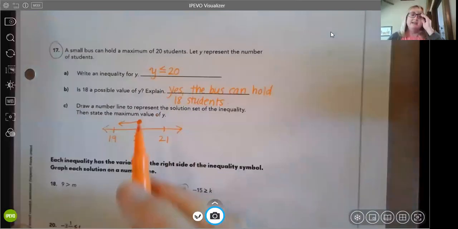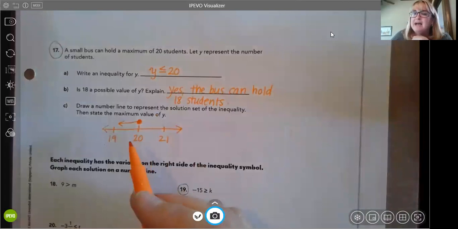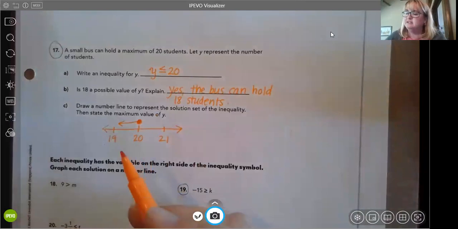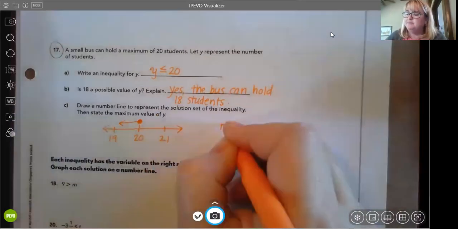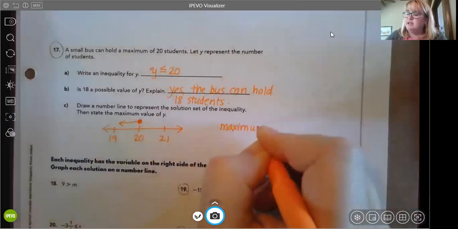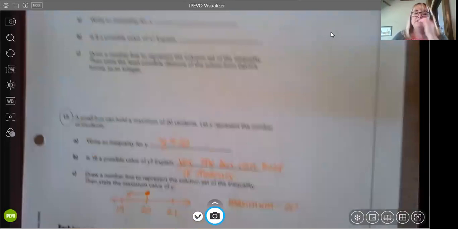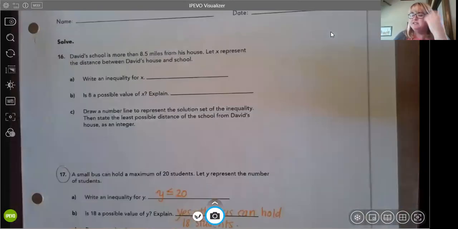So this is y is less than or equal to 20. State the maximum value of y. What is the maximum number of students that can be on the bus? Well, the maximum is 20.